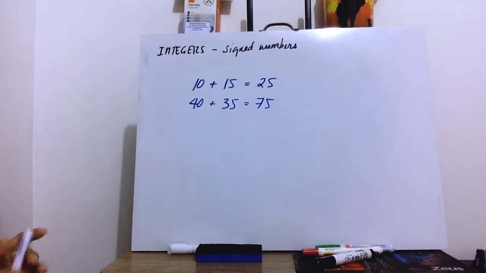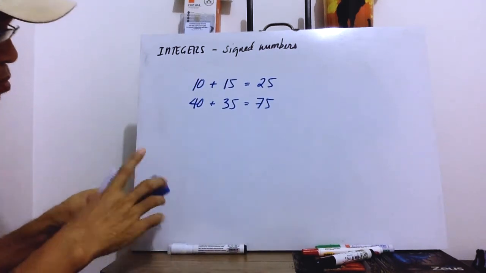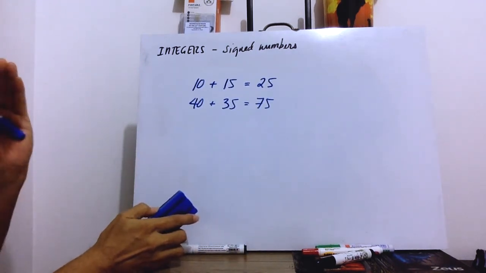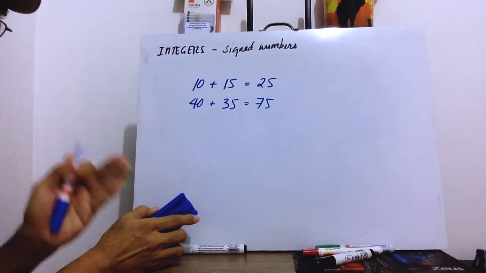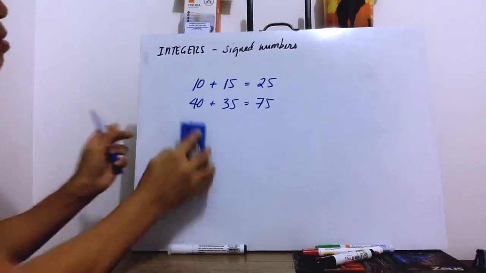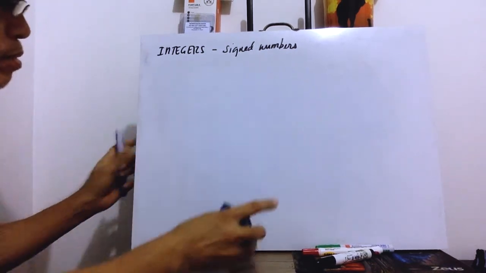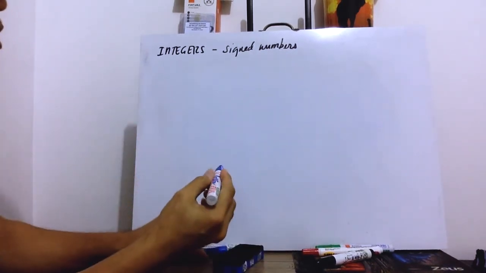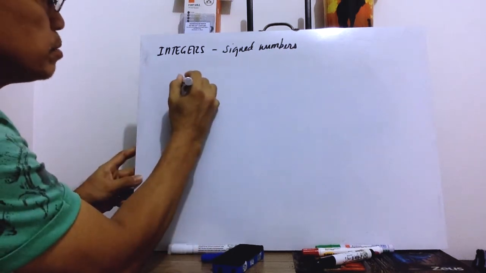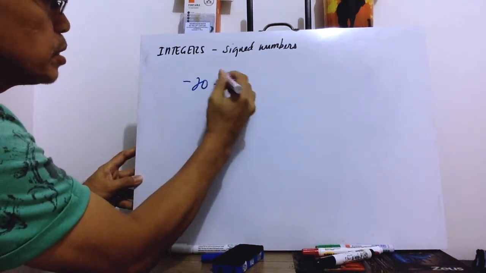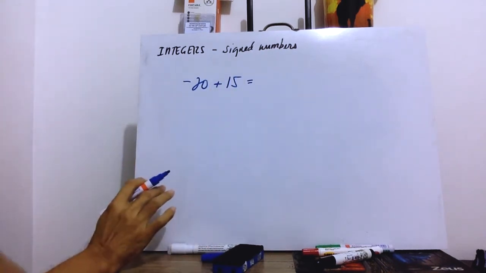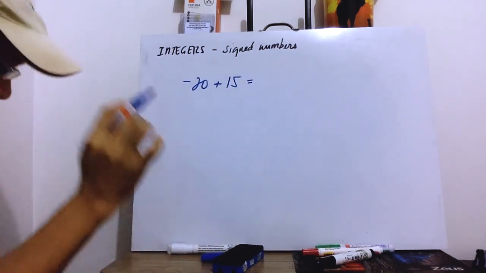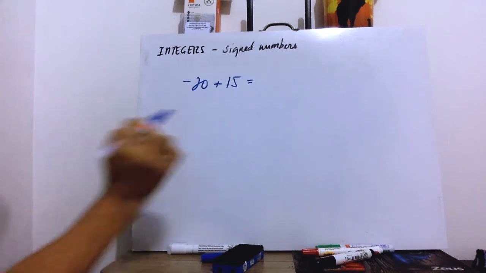The question is, what if we're adding or subtracting a combination of positive and negative numbers? Let's say negative 20 plus 15. Let's have a convention or an agreement.